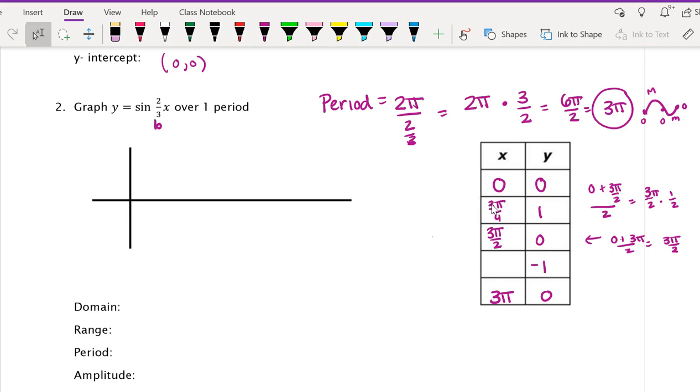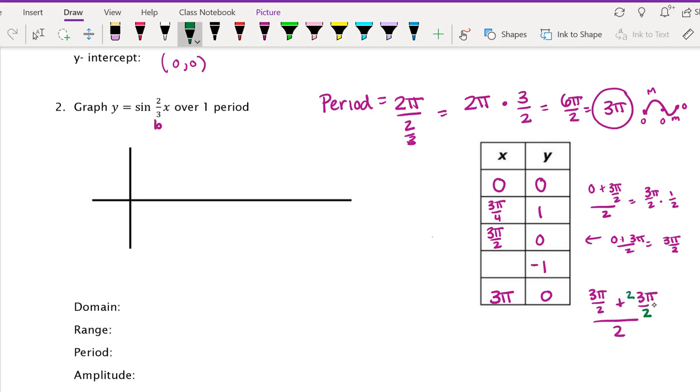And then what's halfway between 3 pi over 2 and 3 pi? So this one's a little trickier. 3 pi over 2 plus 3 pi, and I'm still taking that divided by 2. Well, I need to make this have a common denominator, so I'm going to add a 2. I'm going to change colors here. So I'm going to add a 2, which means I'm multiplying this by 2.